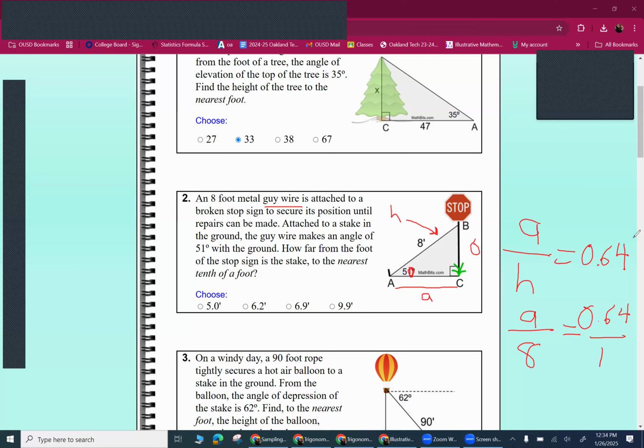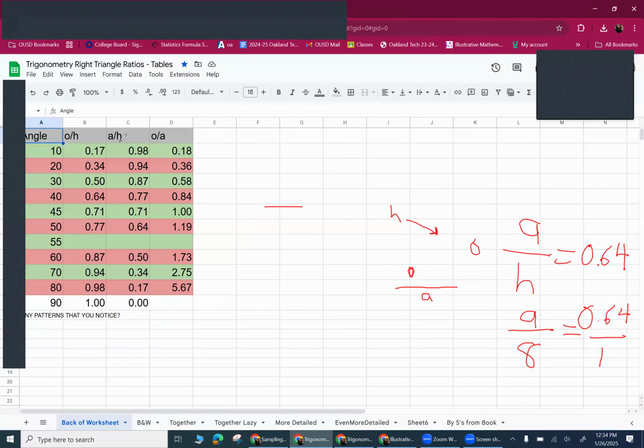And I'll just point out that 0.64 over 1 really makes sense because essentially these tables that we have are the tables for triangles where the hypotenuse is 1. Every single thing that's in this table here is effectively like, if my hypotenuse is 1, how long are these sides? And if you think about it that way, this makes sense. If my hypotenuse is 1, all the sides will be less than 1.